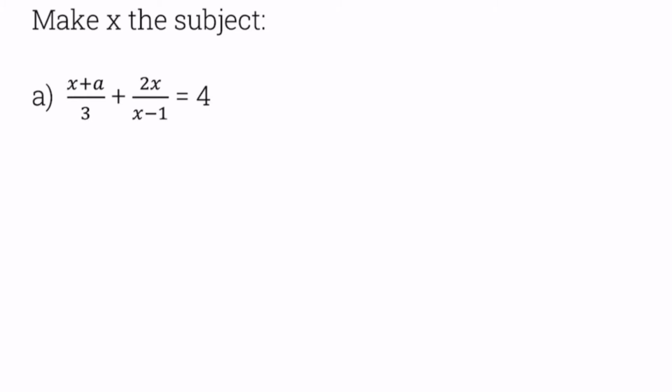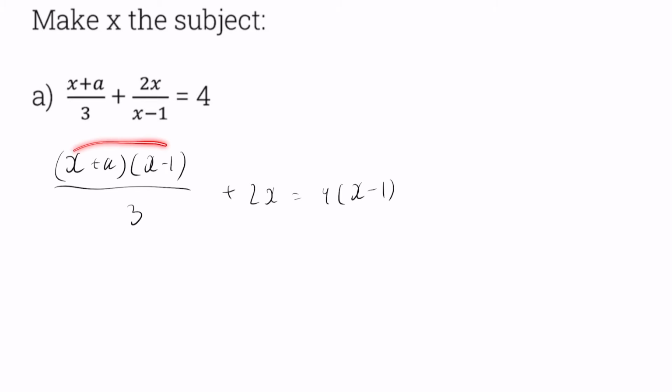So let's crack on. Firstly, I want to get rid of this fraction here. I do that by multiplying everything by x minus 1. So I end up with (x plus a)(x minus 1) over 3 plus 2x equals 4(x minus 1). Then I want to get rid of this fraction, and to do that I multiply everything by 3 now.